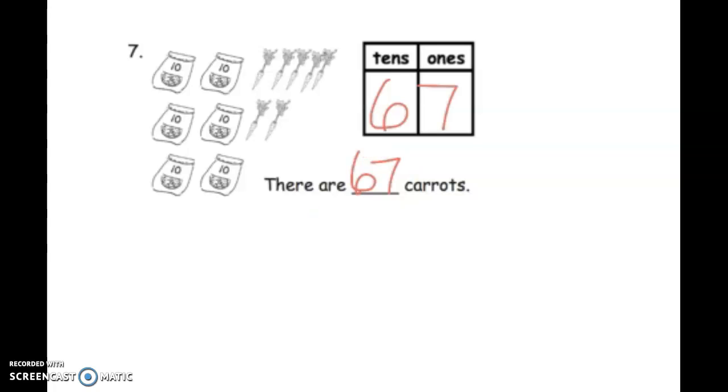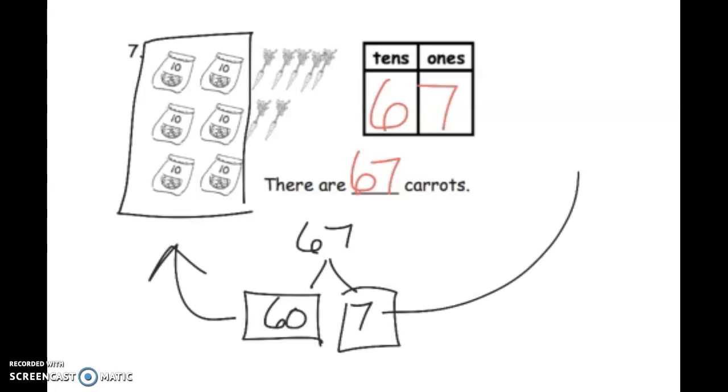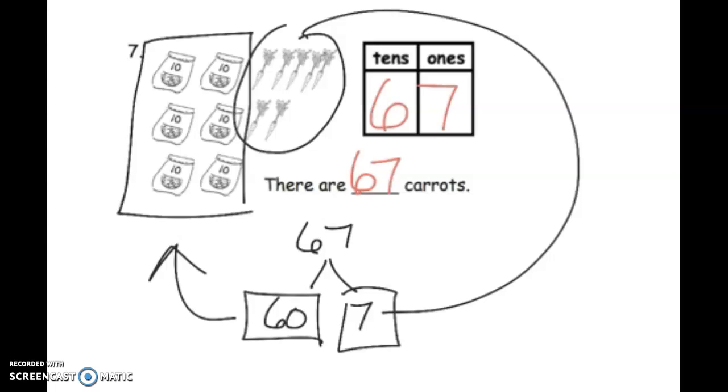And by the way, if you have students struggling, help students see that 67 can be thought of as 60 plus 7. In fact, where do we see the 60? We see the 60 right here. And where do we see the 7? We see the 7 right there.